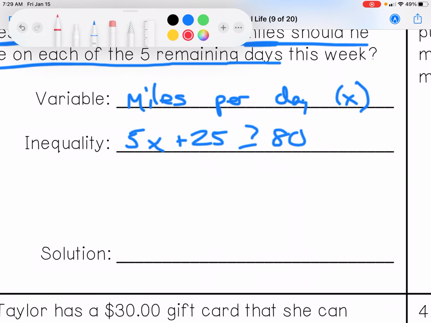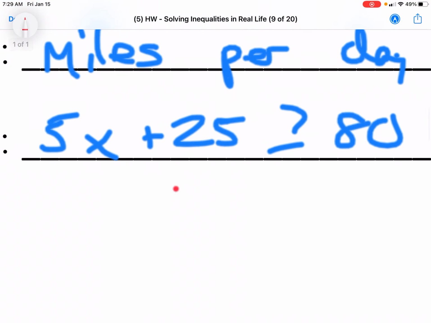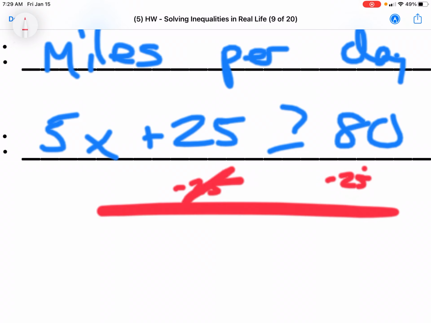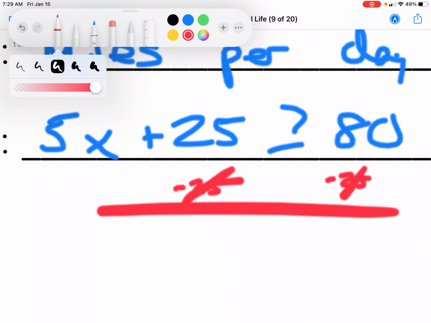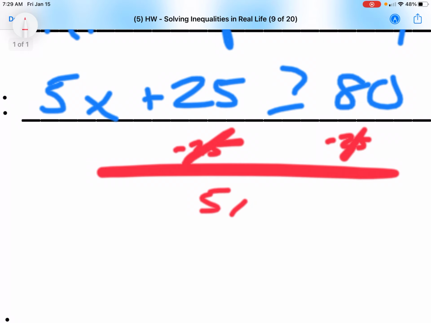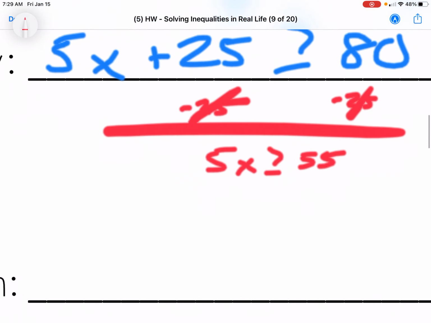All right, so we're going to subtract 25. Those go away. I'm left with 5x is greater than or equal to 55. Going to divide by 5.